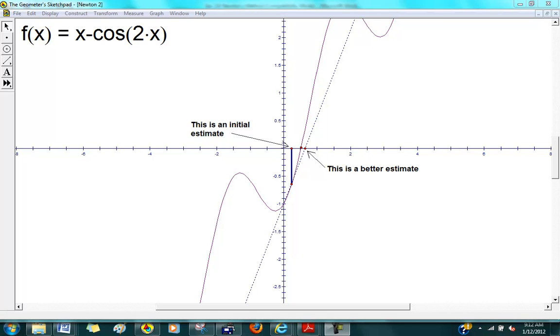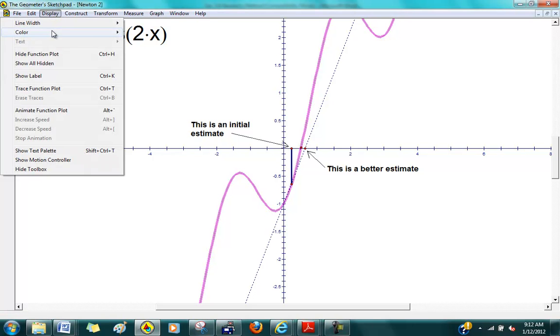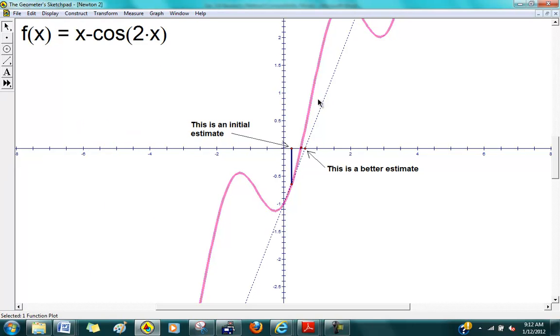So what he proposed was, okay, find that x point on the graph. So the graph I'm looking at is this one here.